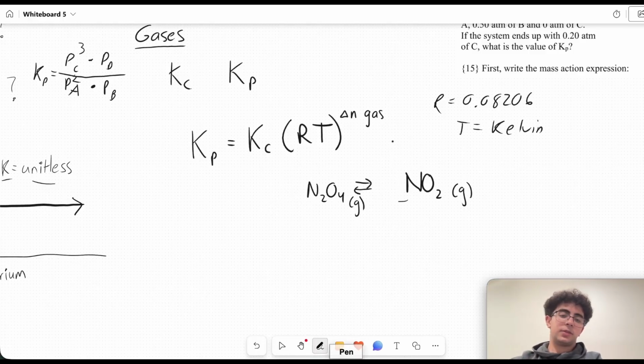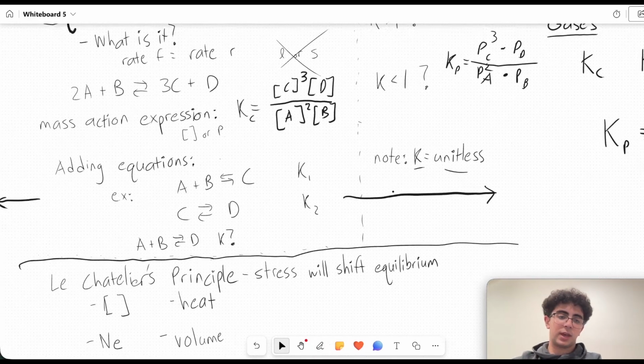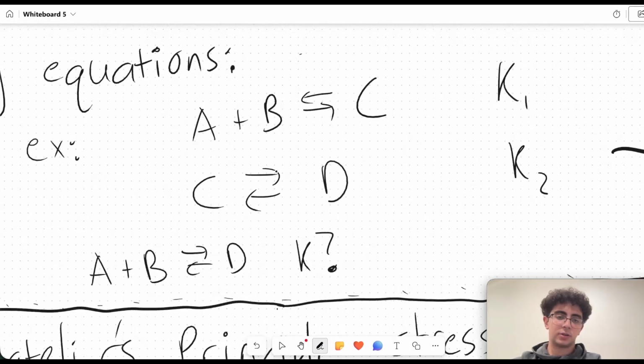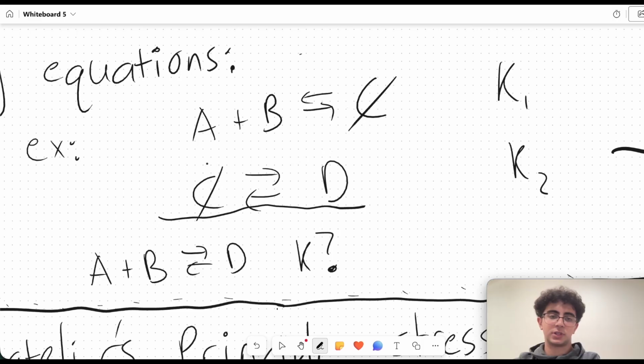Now let's talk about if we had more than one reaction, and we wanted to find the overall K value. A plus B in equilibrium with C, and then C in equilibrium with D. I want the K of the reaction for A plus B in equilibrium with D. If you add these reactions, the C's are going to cancel and form the desired equation of A plus B in equilibrium with D. But how do we find the K value for that?